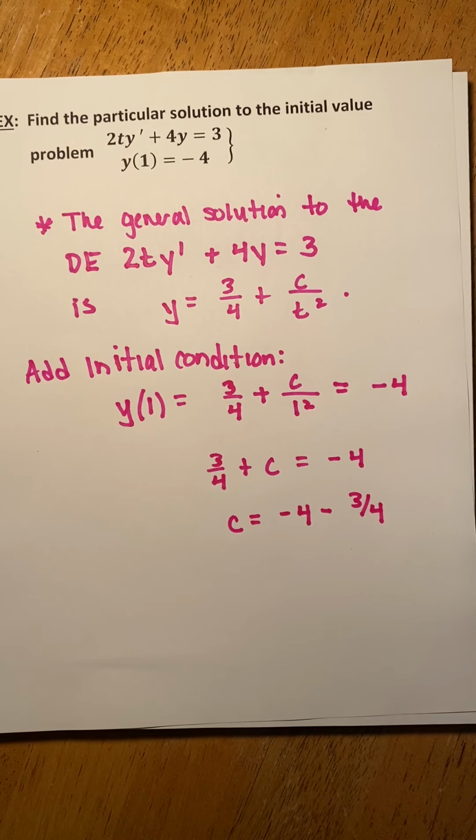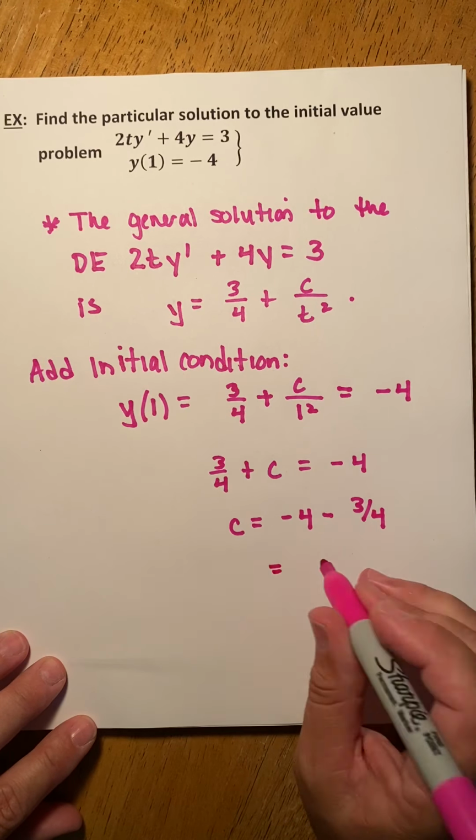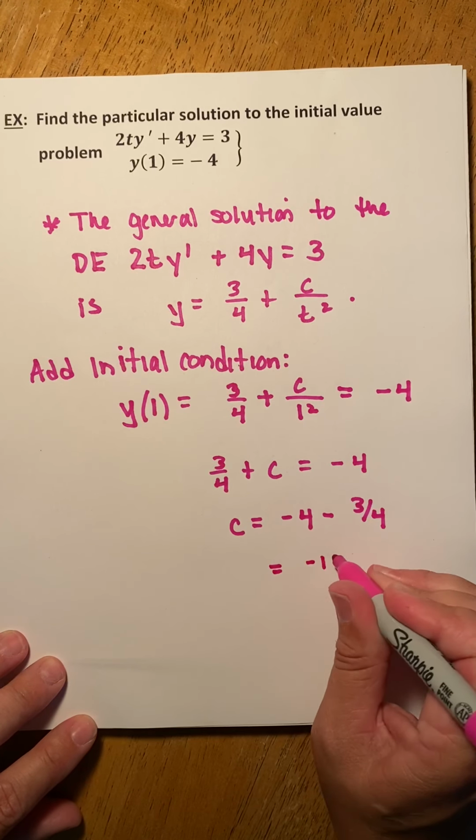Now we want to use exact values, so you could find this on your calculator, and you do get a decimal number. Decimal answer is -4.75, but you're only allowed to use decimal answers if they are exact values. I like to use my fractional values. We started with fractions. I'm going to end with fractions. This is -19/4.